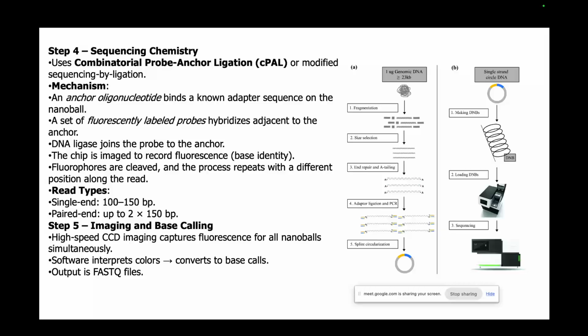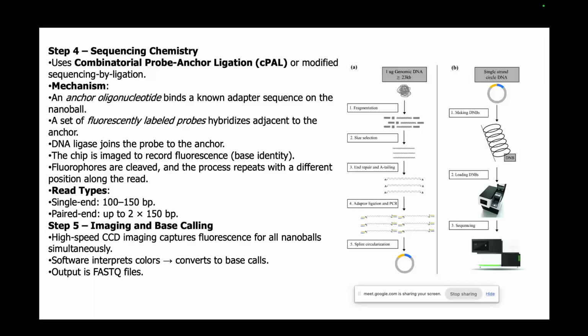So the chip will be imaged to record the fluorescence. So you have the DNA nanoball, you have the oligonucleotide. The DNA nanoball has the adapters, the oligonucleotide has the adapters. They're going to be binding, and DNA ligase is going to help in that binding and joining the ends of the adapters.